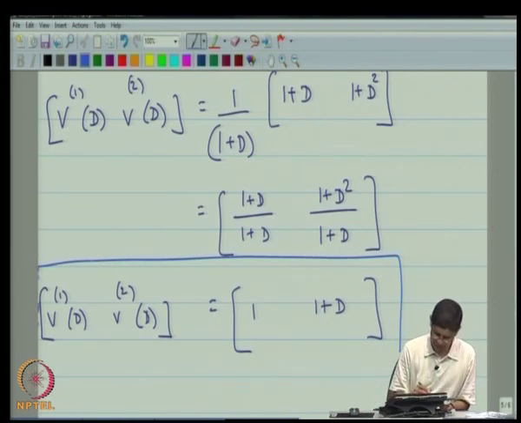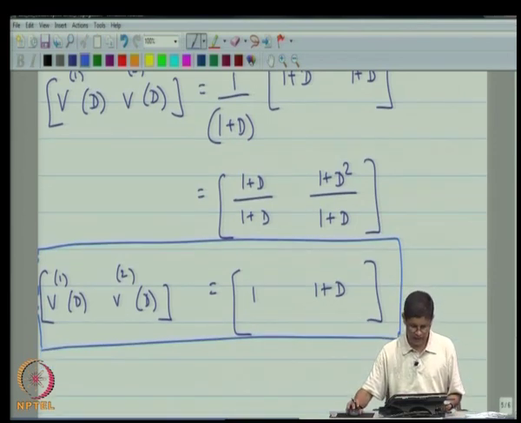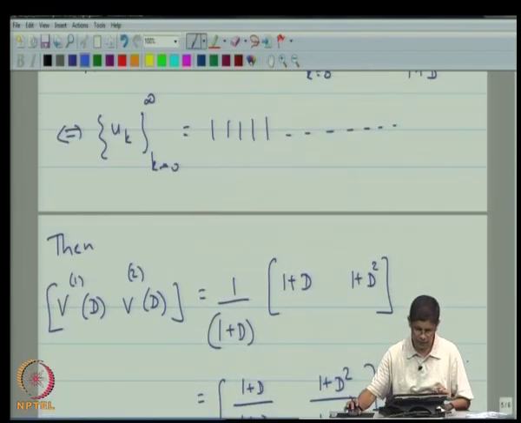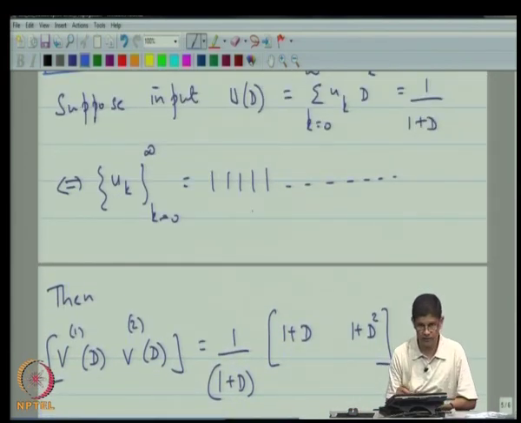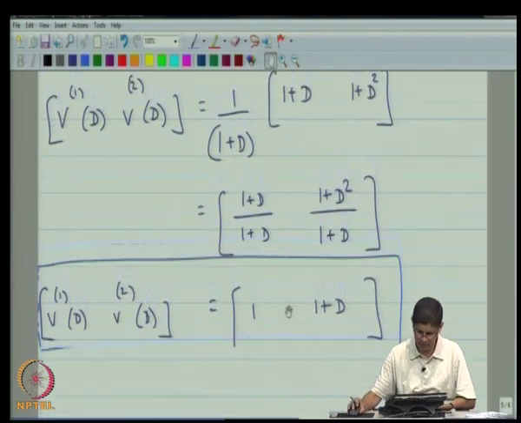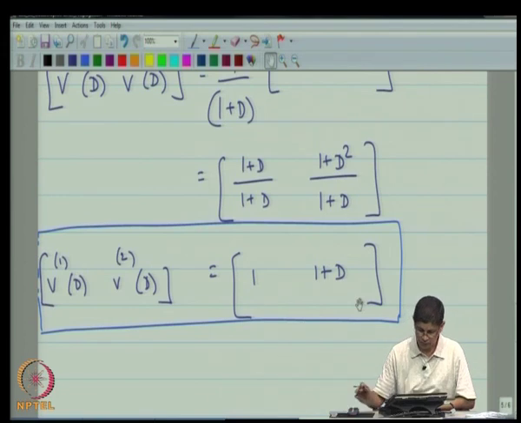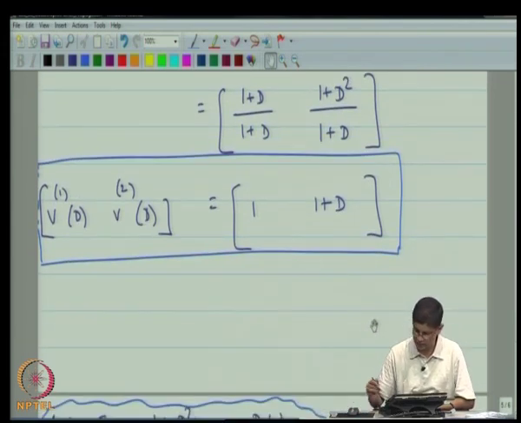Well, the reason for that is that here is an instance in which your input sequence was an infinite string of ones. On the other hand, your output is a pair of polynomials. So, what do the corresponding output sequences look like?